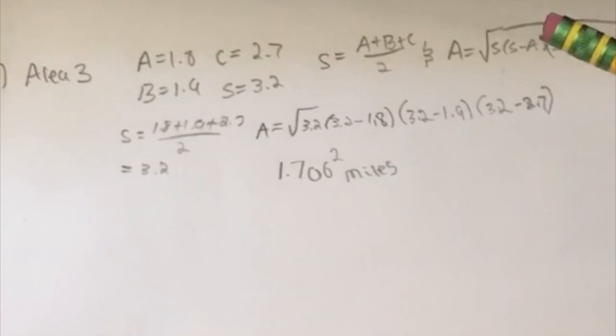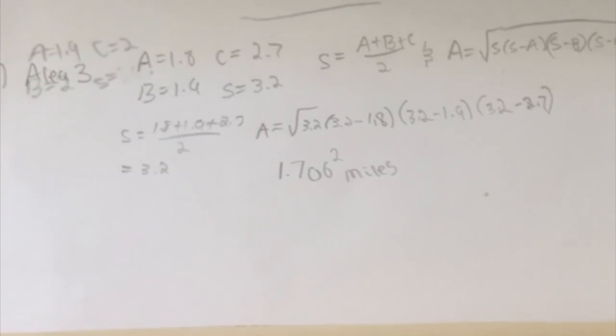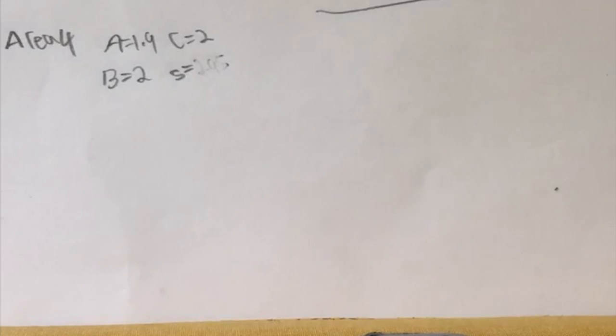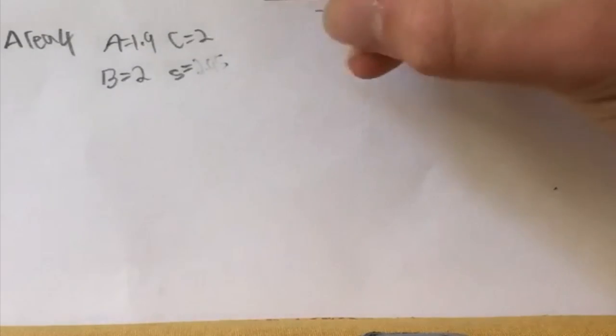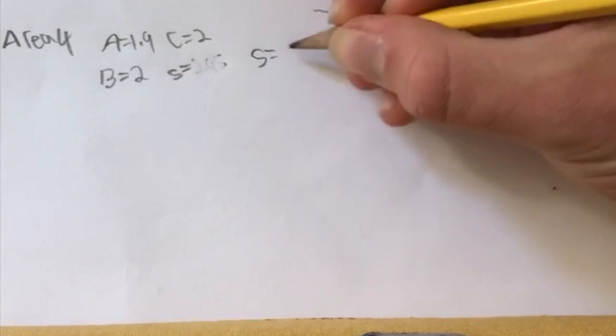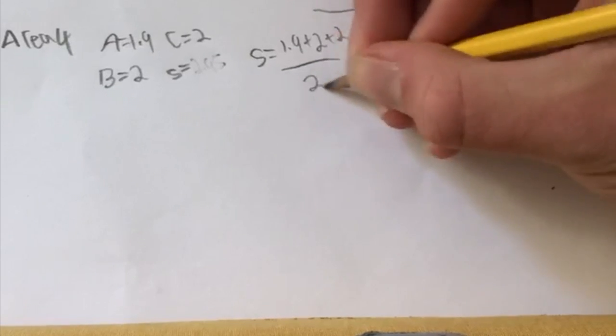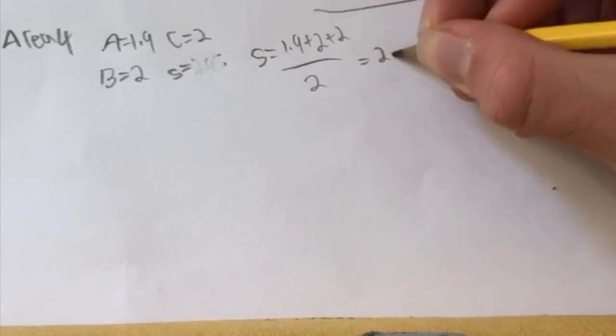All right, so that is the second triangle. Third area. All right, we're going to now solve for triangle 4 or triangle 3. And again, we're going to use Heron's theorem. So if we use S equals 1.9 plus 2 divided by 2, we are going to get 2.95.